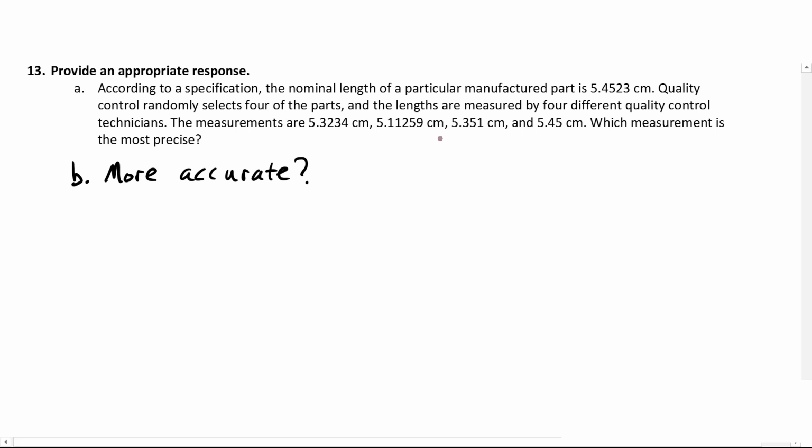Well, if we look through the numbers here, basically this one here, 5.11259, is more precise. Because this has a finer measurement to it. It also measures to more decimal places here.